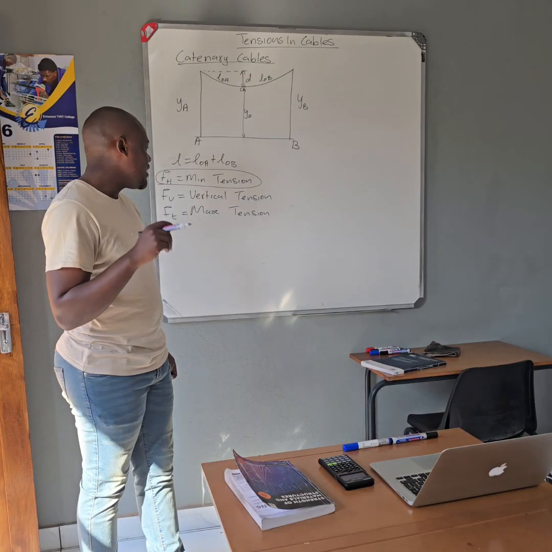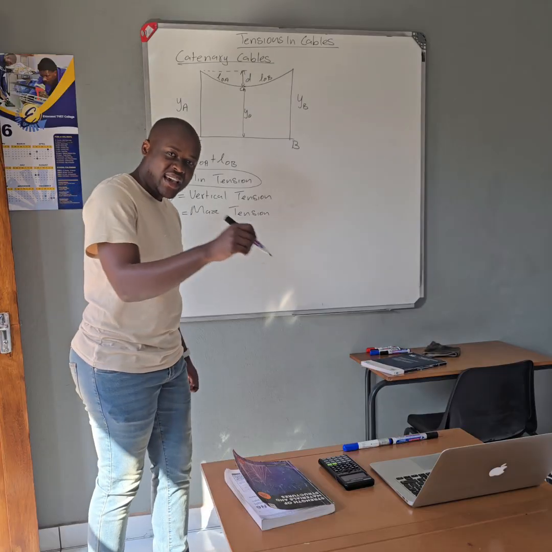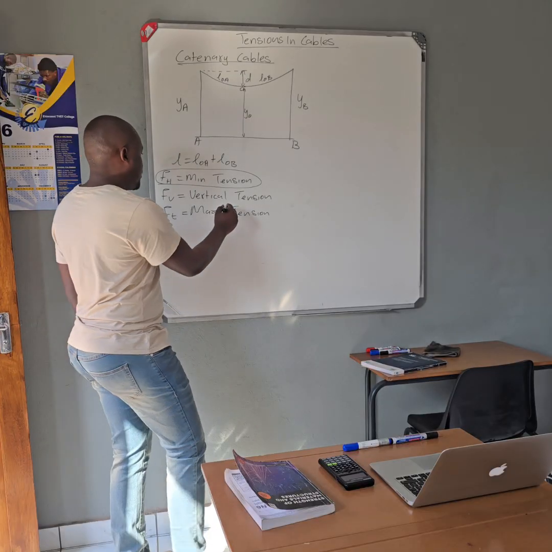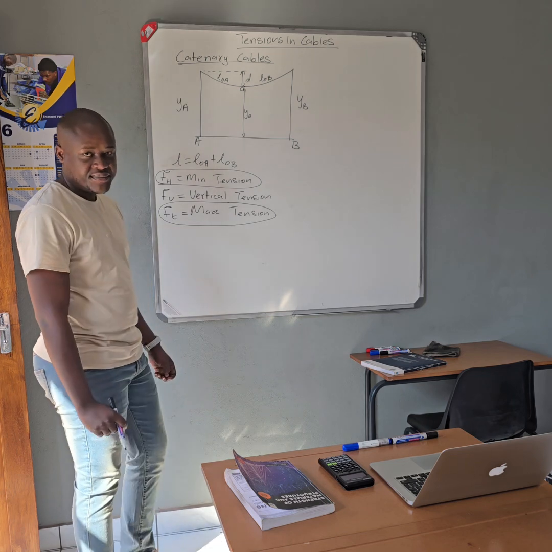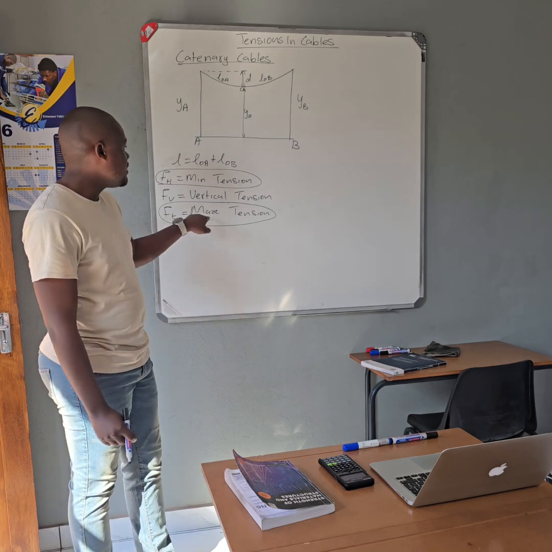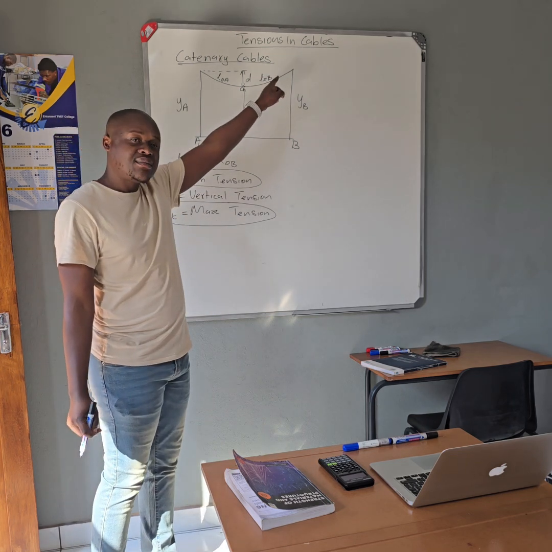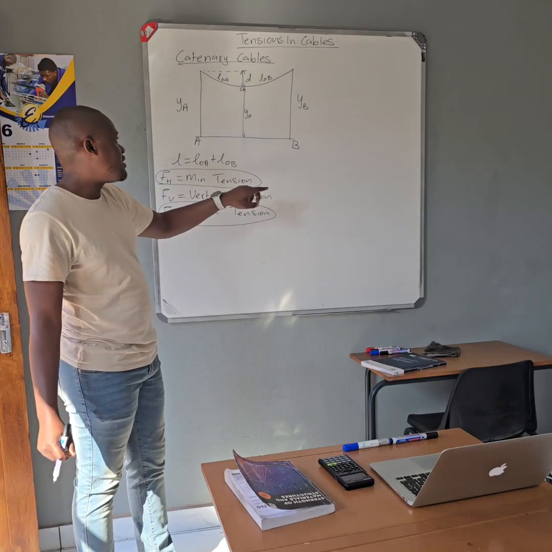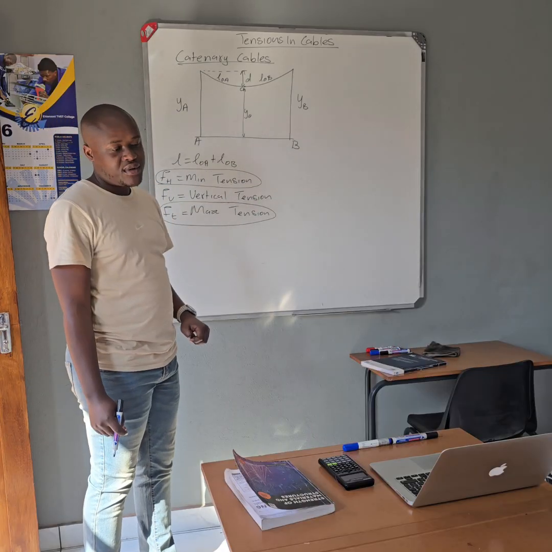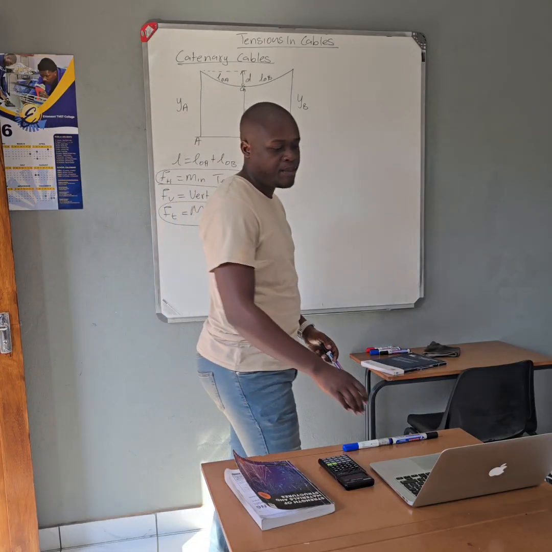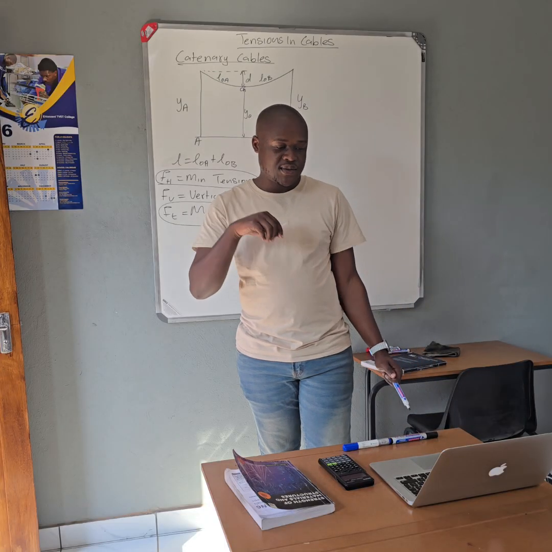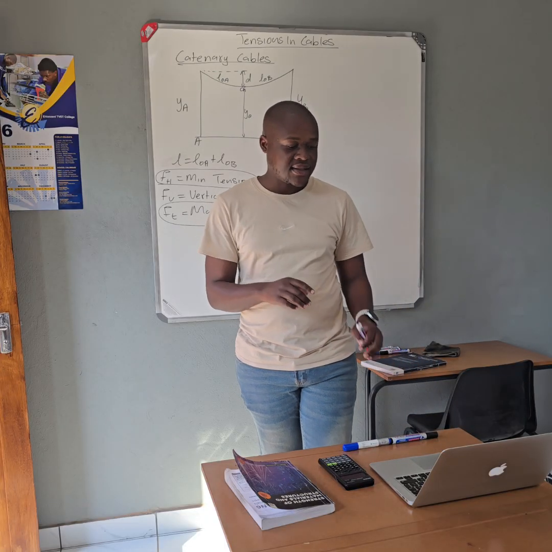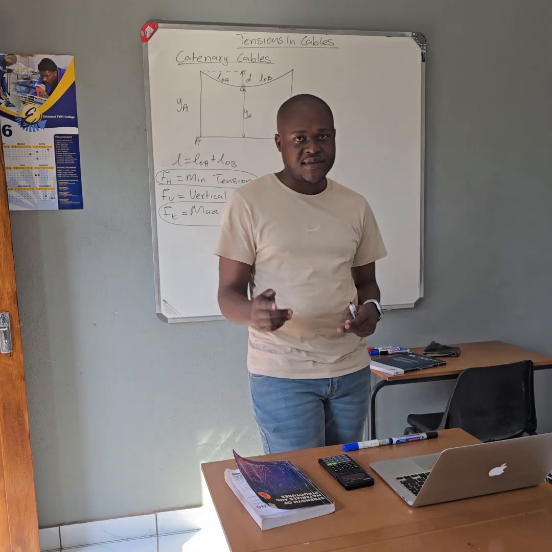And if they say calculate the tension at the support, you are going to calculate FT. So FT is the tension at the support and FH is the tension in the cable. Now, you are going to pause this video so that you can get these formulas, or you can screenshot the formulas.